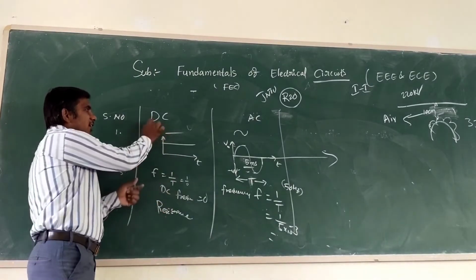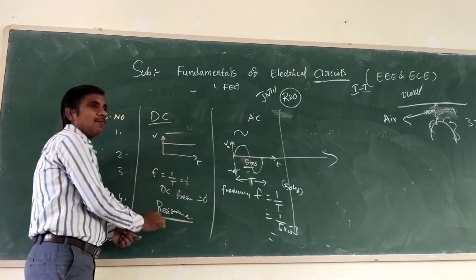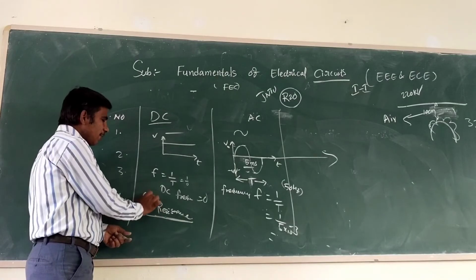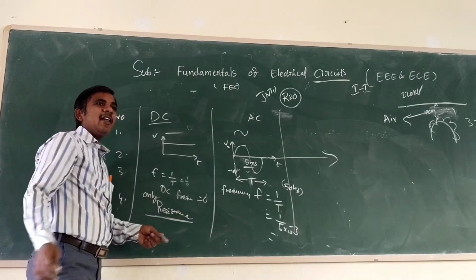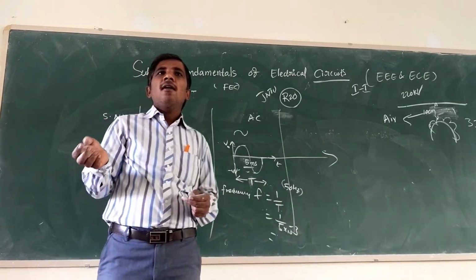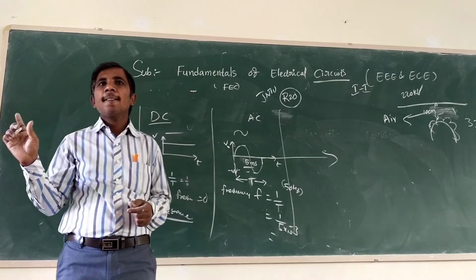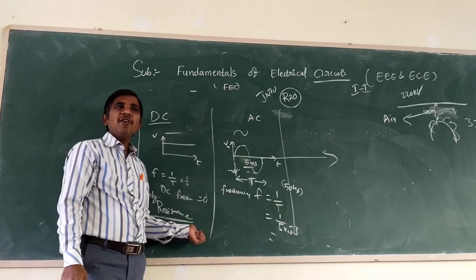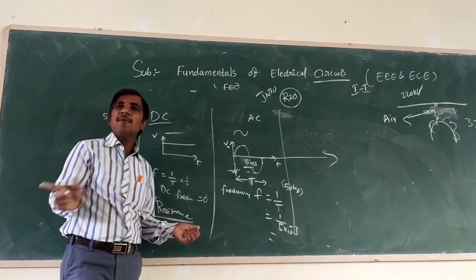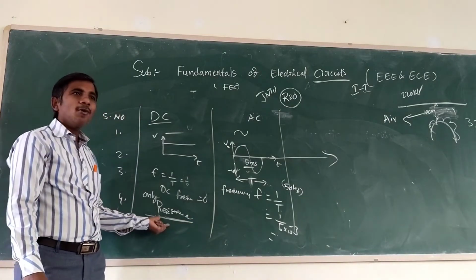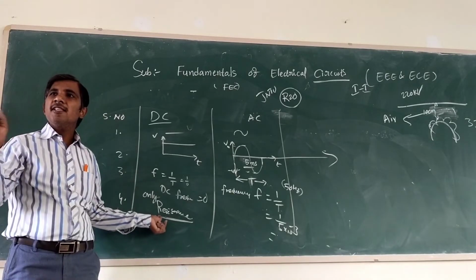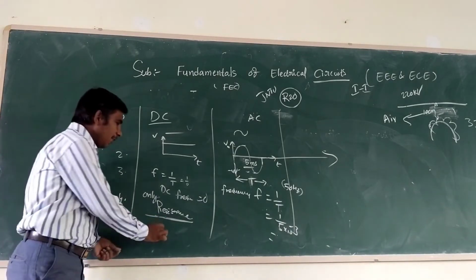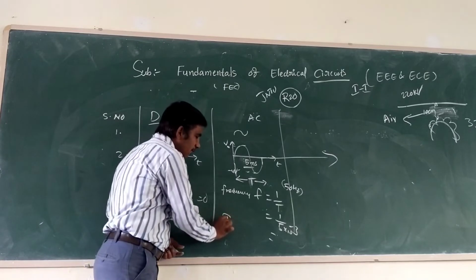But in case of DC, only resistance will come into the picture. In any DC circuit only resistance will be present. There is no impedance. Here impedance will be present.